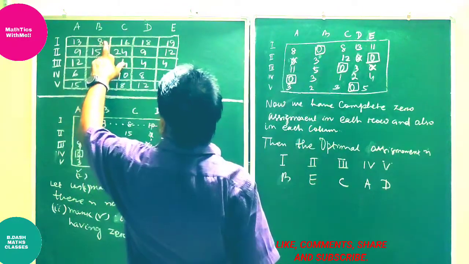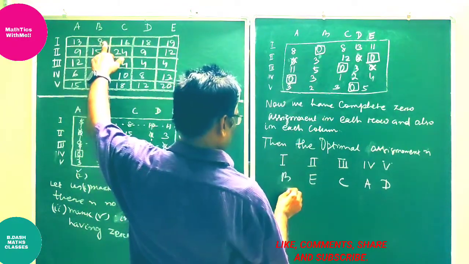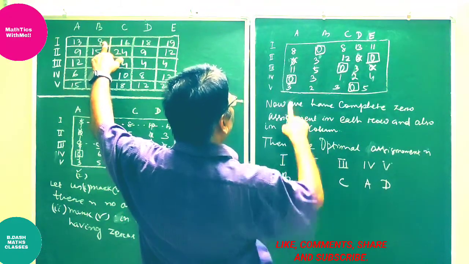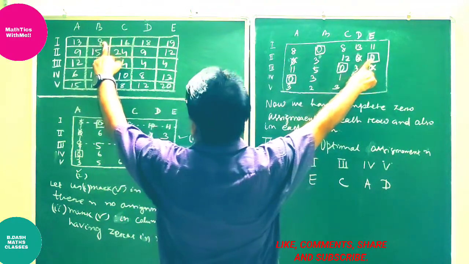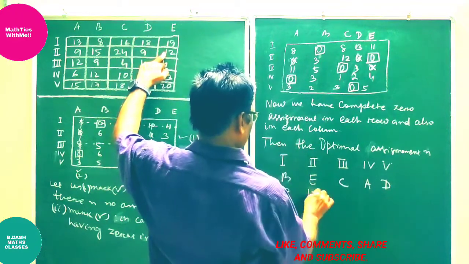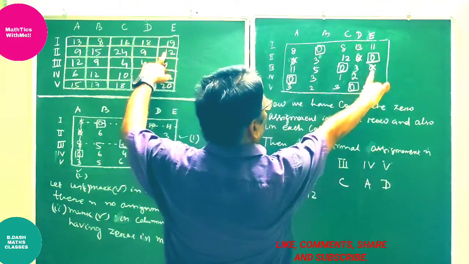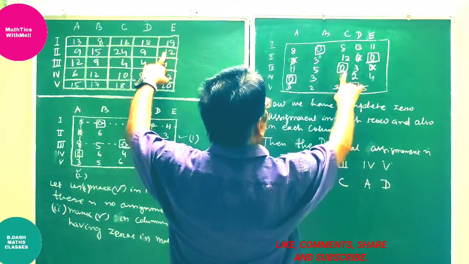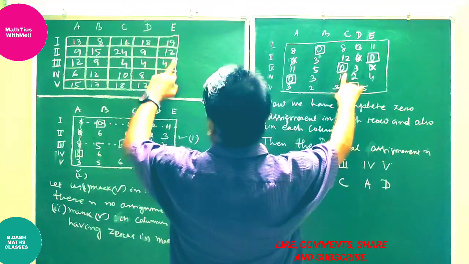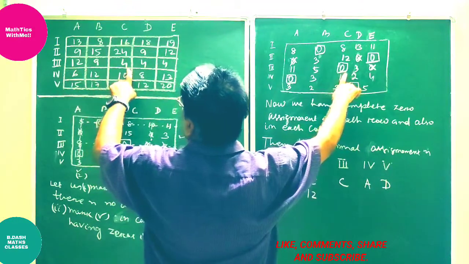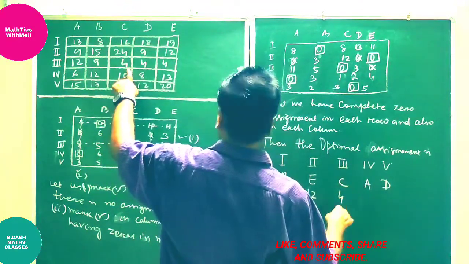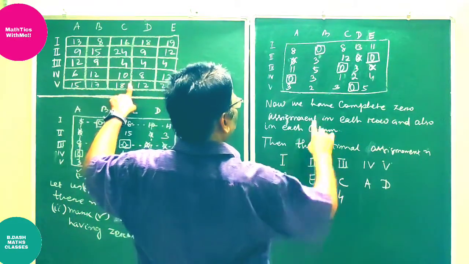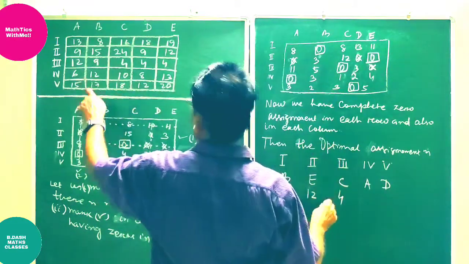So now for first B, 0 assignment. So this is 8. For second it is E. This is 12. For third it is C, 4. For fourth it is A, that is 6.